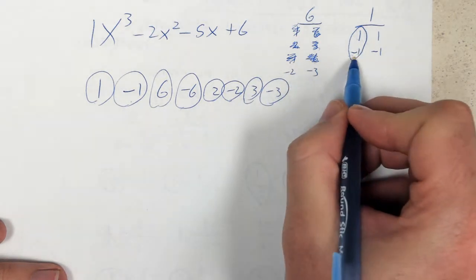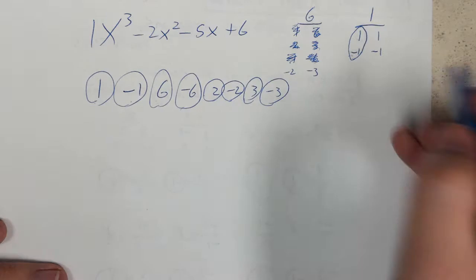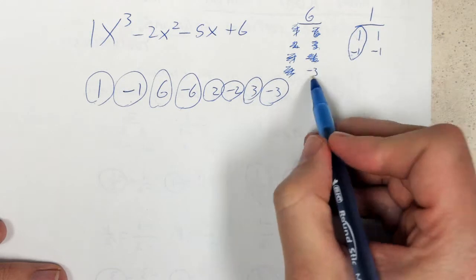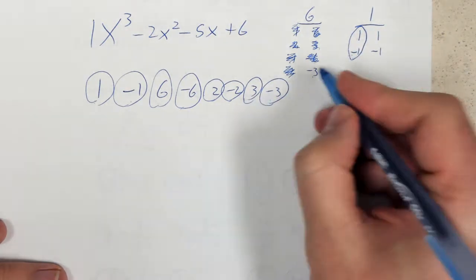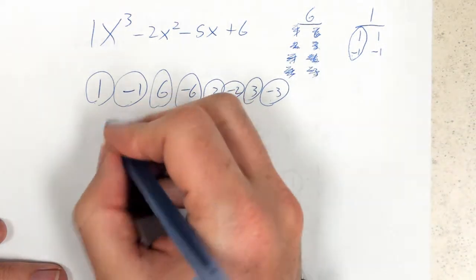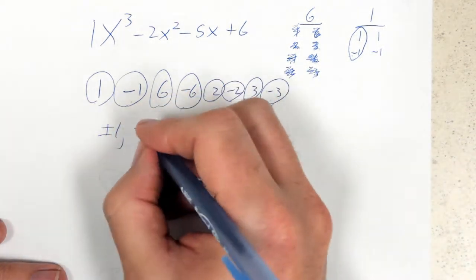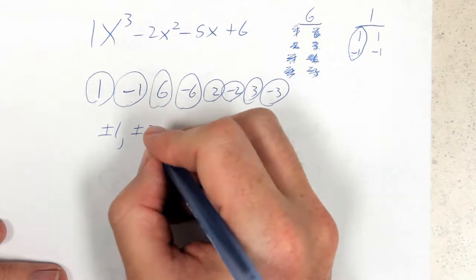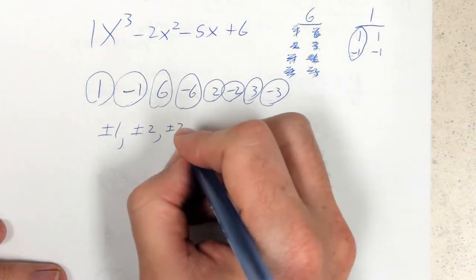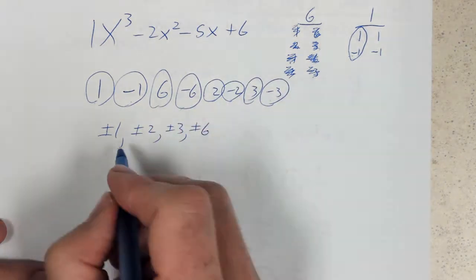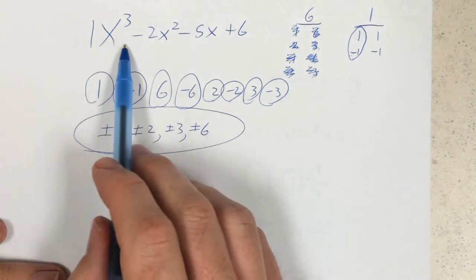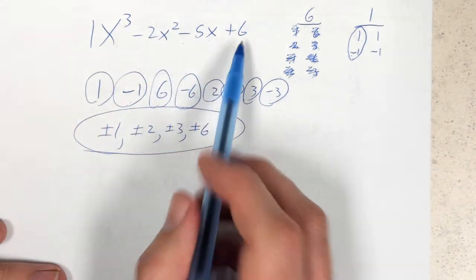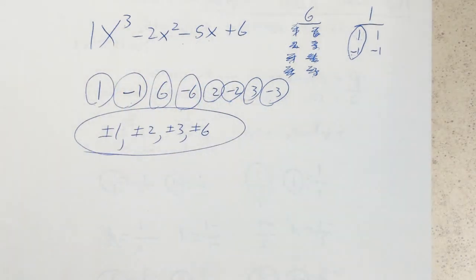Negative 2 divided by negative 1, positive 2. Negative 3 divided by 1, negative 3. Negative 3 divided by negative 1, positive 3. Alright, so I end up having plus or minus 1, plus or minus 2, plus or minus 3, and plus or minus 6. Those are the only possible rational solutions of x to the third minus 2x squared minus 5x plus 6.